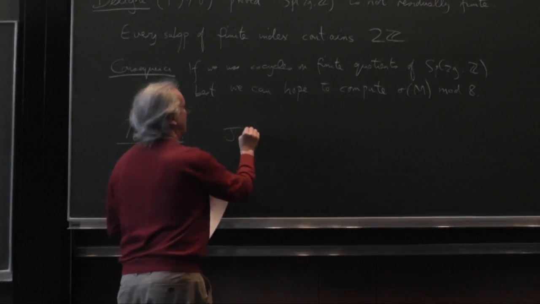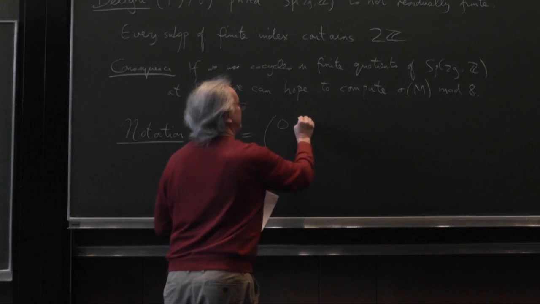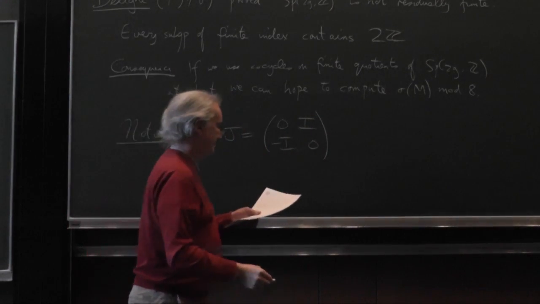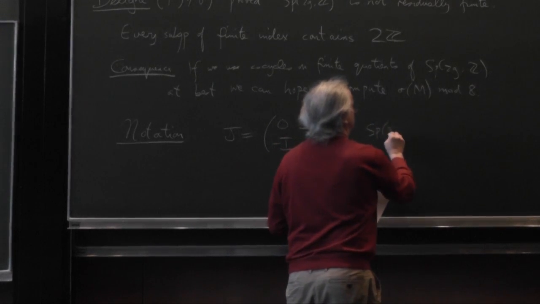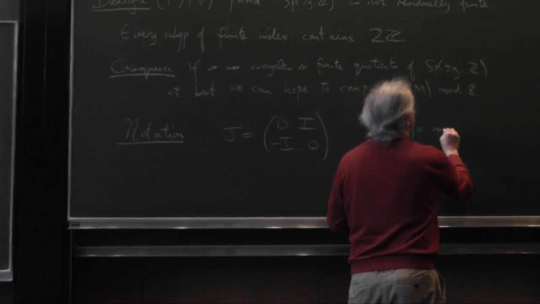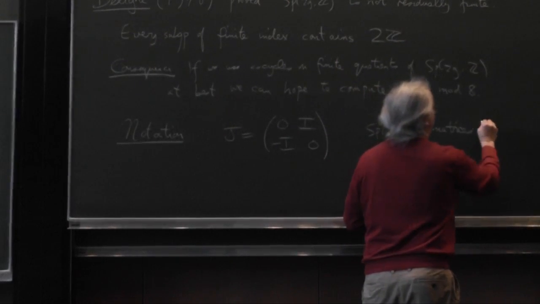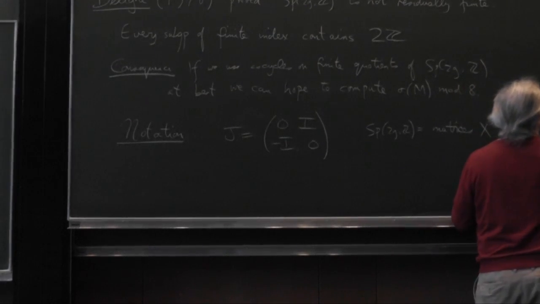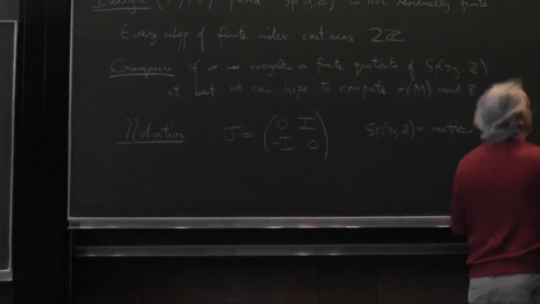So I'm going to write J for the standard symplectic form, and Sp(2g, Z) is the set of matrices X satisfying X transpose J X equals J, the usual thing.